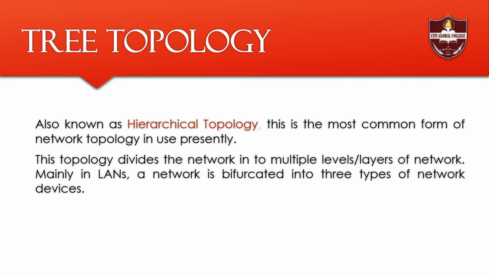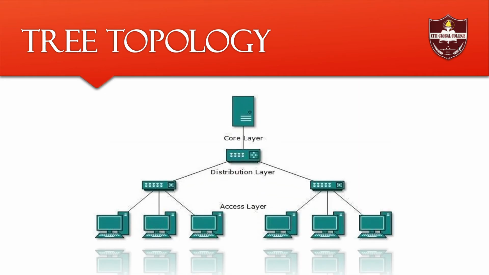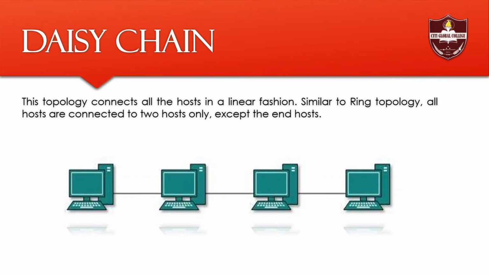The lowermost layer is where computers are attached. All neighboring hosts have a point-to-point connection between them. Similar to the bus topology, if the root goes down, then the entire network suffers even though it is not the single point of failure. Every connection serves as a point of failure, failing of which divides the network into unreachable segments.